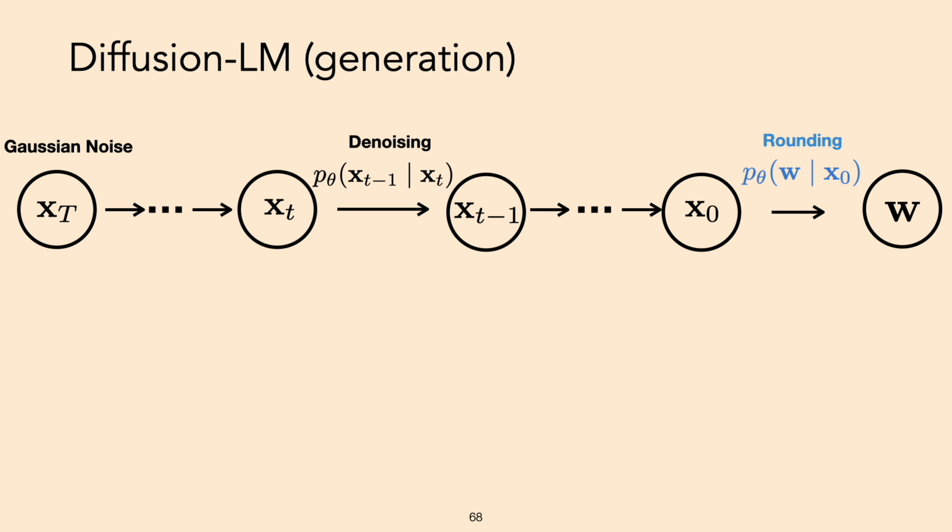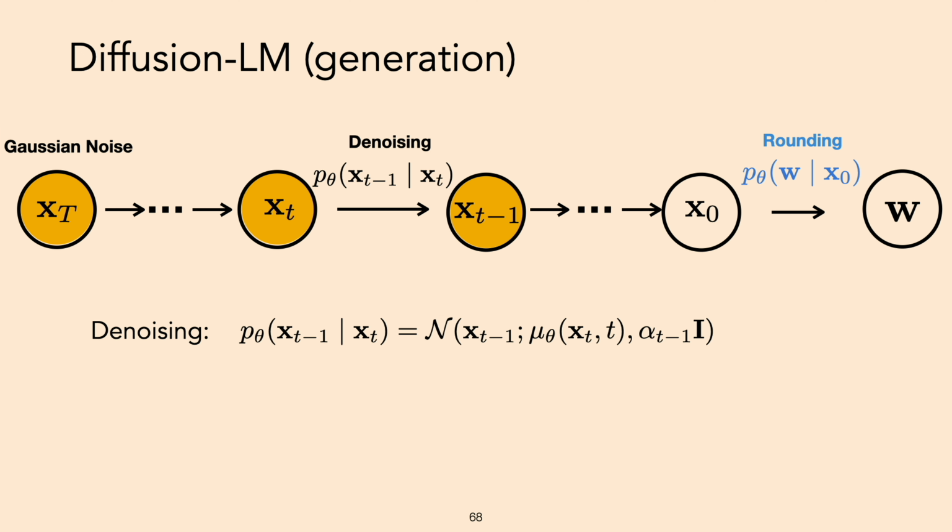Once we have such a model mu theta trained, we can now generate from this Diffusion-LM. Specifically, we start from this Gaussian noise at x capital T. We apply our mu theta model to gradually denoise the vectors. And for each denoising step, you can take this transition from xt to xt minus 1 as an example.